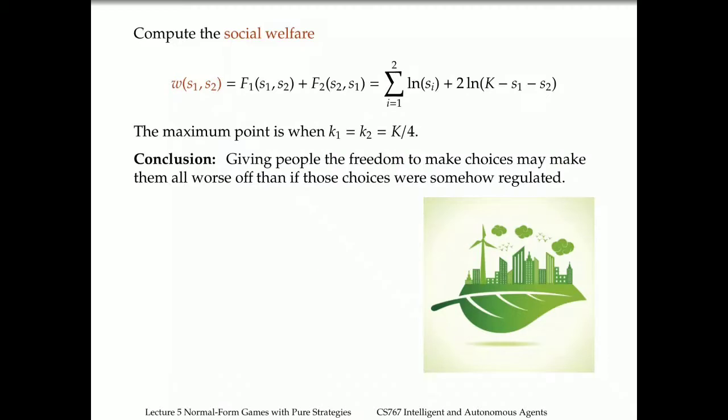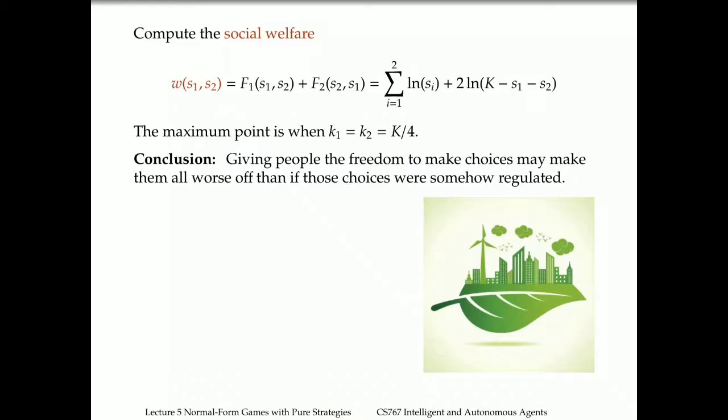So it means that both factories, if they're playing their best response to each other in this Nash equilibrium, are consuming more resources than they would in a socially optimal manner. So it's K divided by 3 versus K divided by 4.